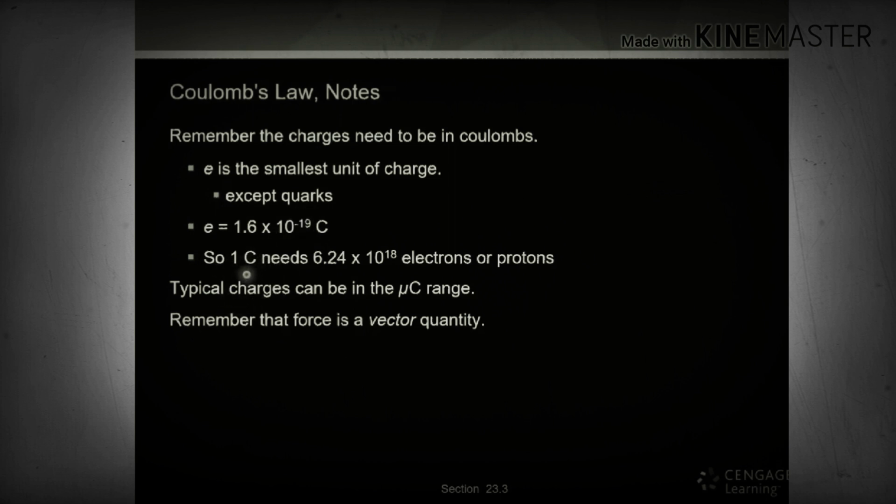So for 1 Coulomb, you divide both sides of this equation by 1.6 times 10 to the negative 19. Then we'll get 1 Coulomb equals 6.24 times 10 to the 18th electrons or protons. So 1 Coulomb needs this many electrons or protons.